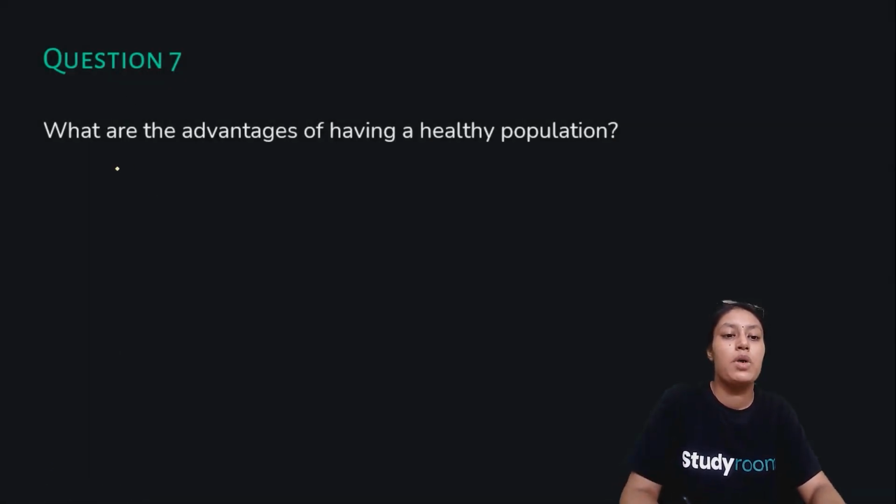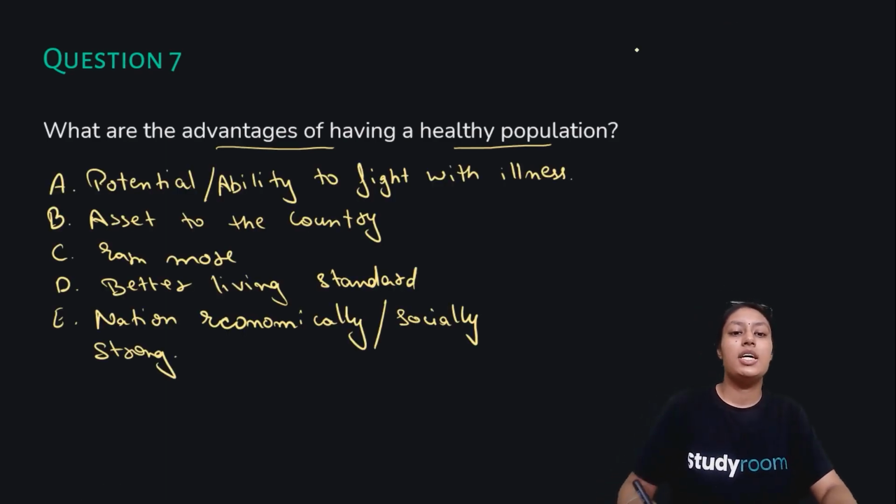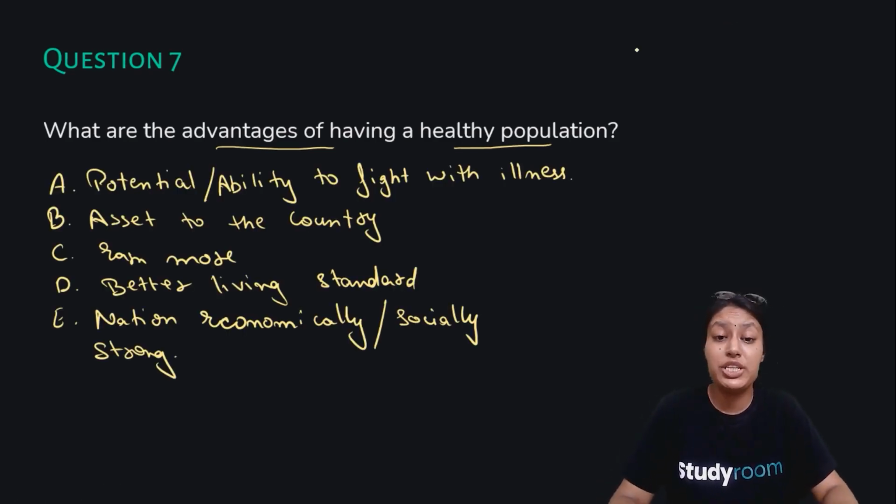Next question is question number 7. What are the advantages of having a healthy population? Here are some advantages. If the population is healthy, one will have the potential and ability to fight any kind of illness, and that person will be an asset to the country.